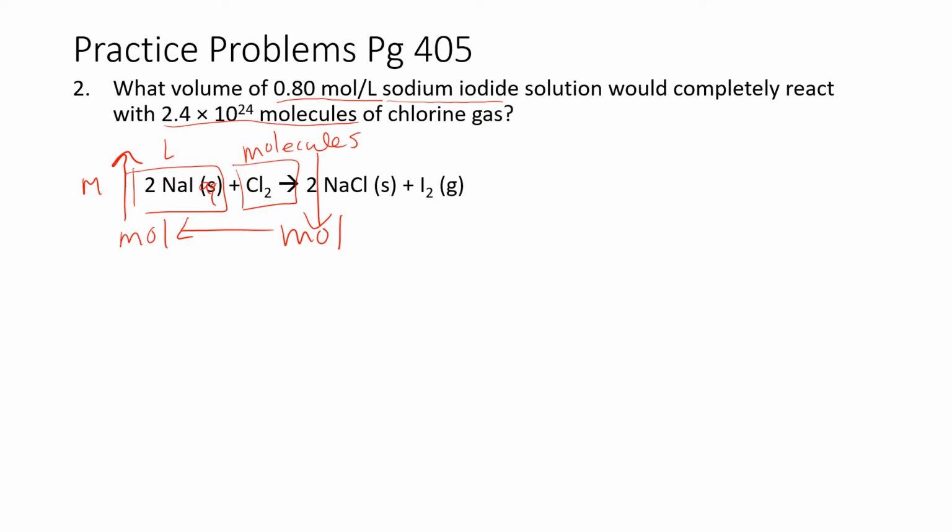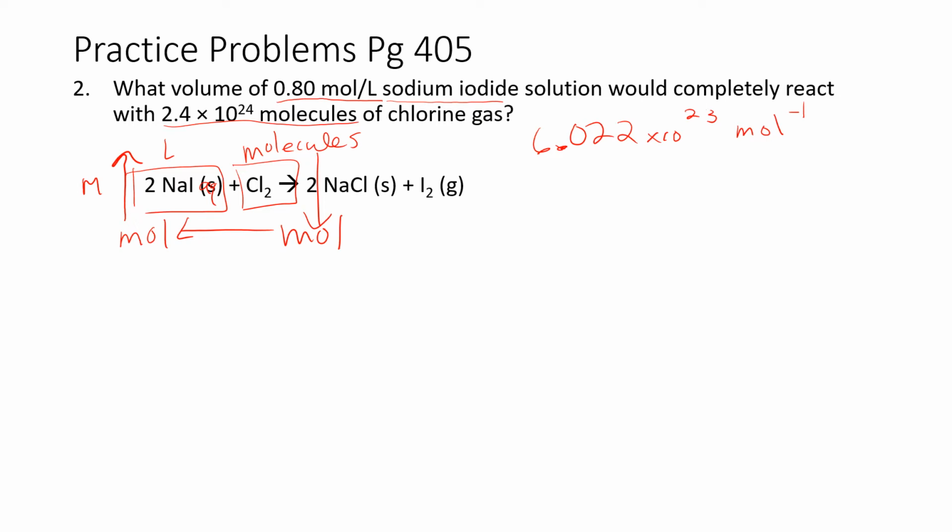Avogadro's number, remember, is 6.022 times 10 to the 23rd, and it's on your equation sheet. On there, it is often confusing for students because it says moles to the -1.